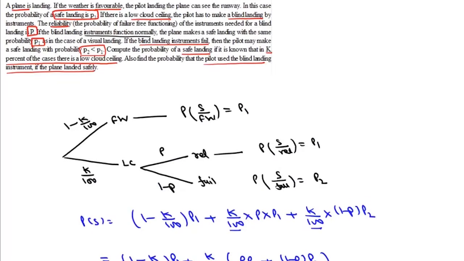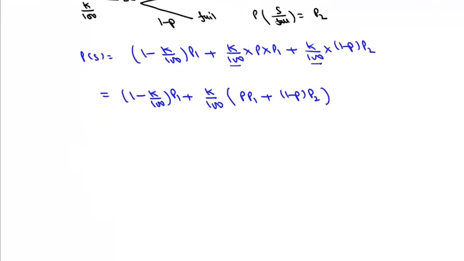Now the second part is this Bayes theorem. Find the probability that the pilot used the blind landing instrument if the plane landed safely. So we have to find the probability that the pilot has used the instrument given that it has landed safely. We'll take the case when he has used the instrument in the numerator.